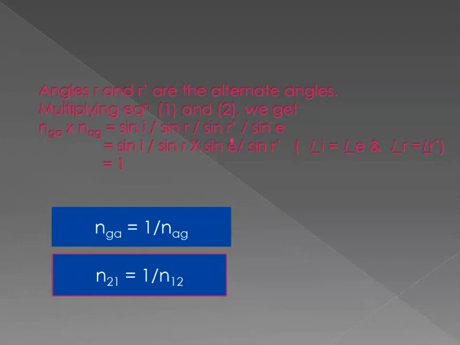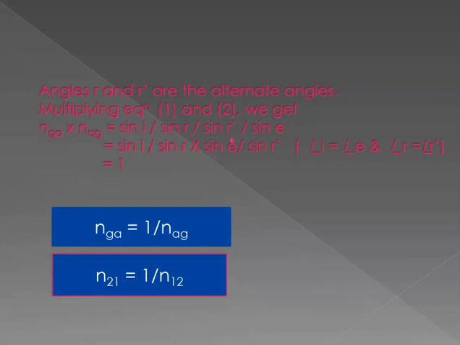Multiplying equations 1 and 2 we get nGA into nAG is equal to sin I by sin R divided by sin R dash by sin E, so sin I by sin R into sin E by sin R dash. Here sin I and sin E cancel, because angle of incidence is equal to angle of emergence, and R and R dash cancel. So this is equal to 1.